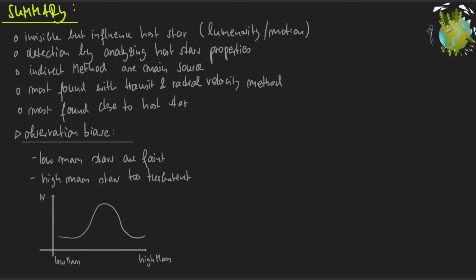There's also the case that if the orbit of a planet is too large, so the planet is too far away from its host star and it takes too long to orbit the host star, then the detection time is just too long for us. Instrument time is valuable. Just observing one object for years, it's not very feasible.